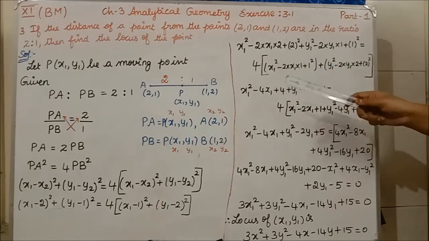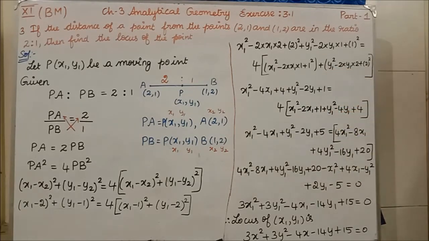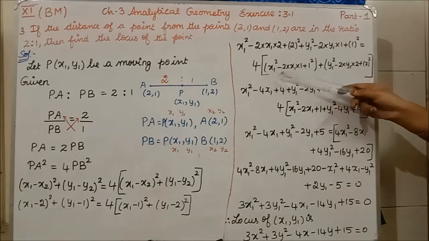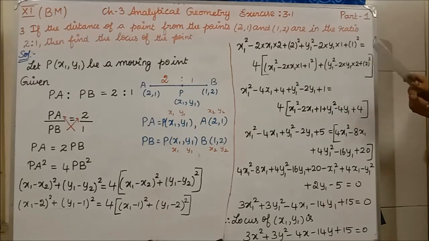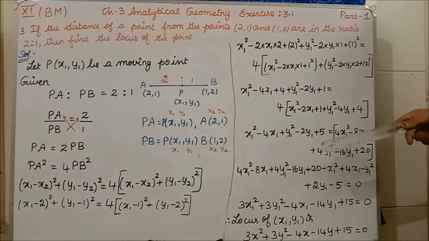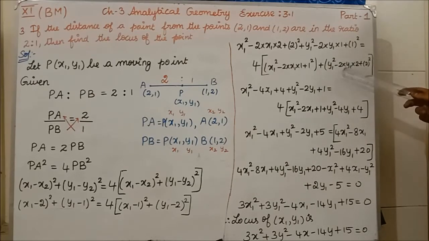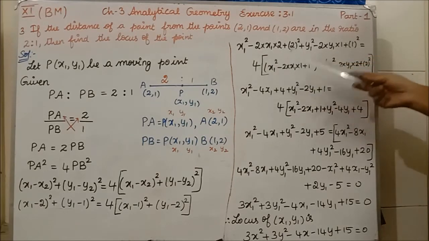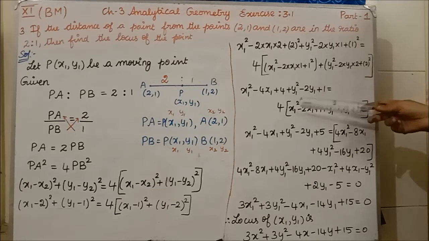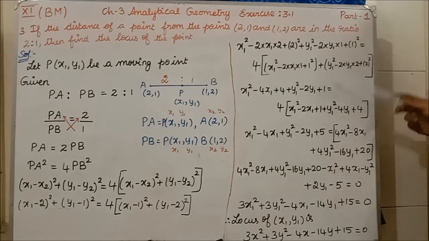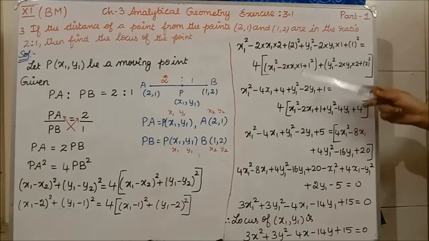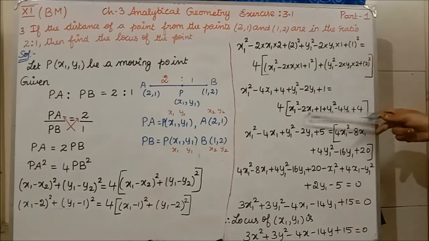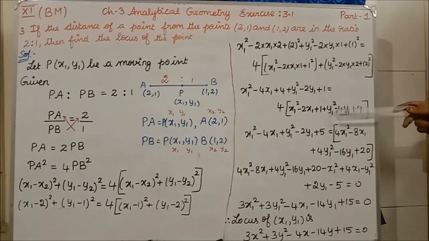On the right, 4 into x1 minus 1 the whole square plus y1 minus 2 the whole square, each expanded as a square minus 2ab plus b square. Next step: x1 square minus 4x1 plus 4, plus y1 square minus 2y1 plus 1, is equal to 4 into x1 square minus 2x1 plus 1, plus y1 square minus 4y1 plus 4.